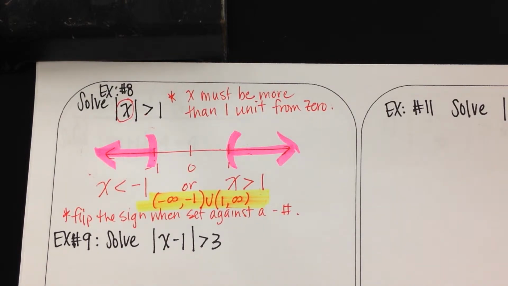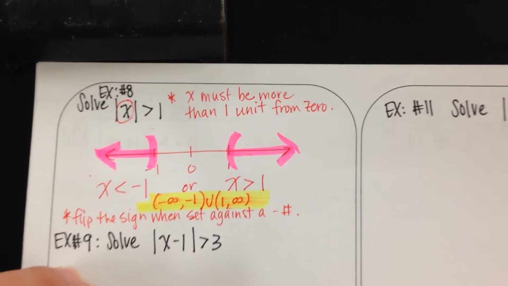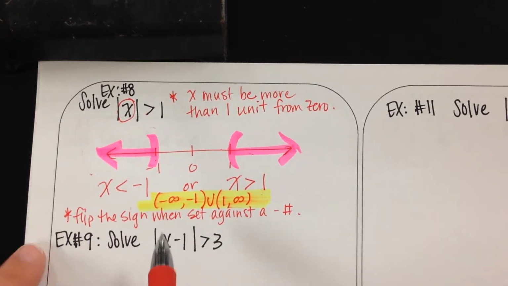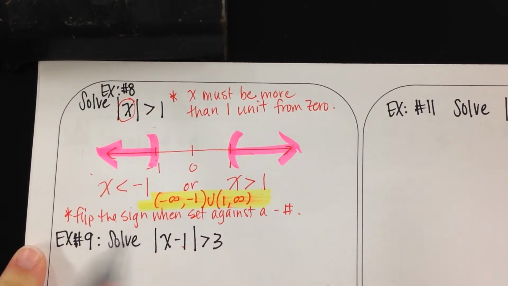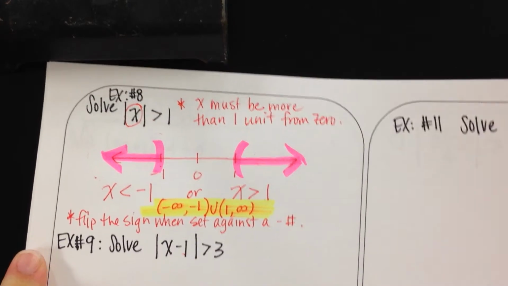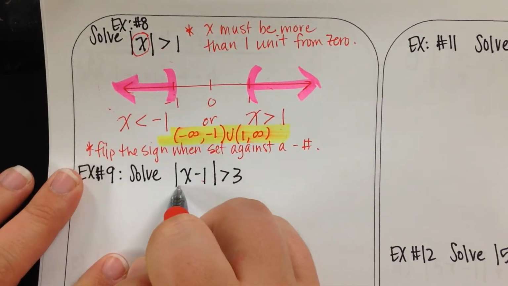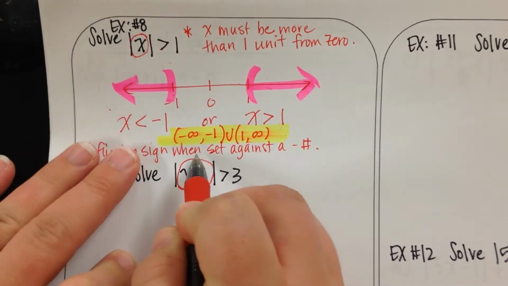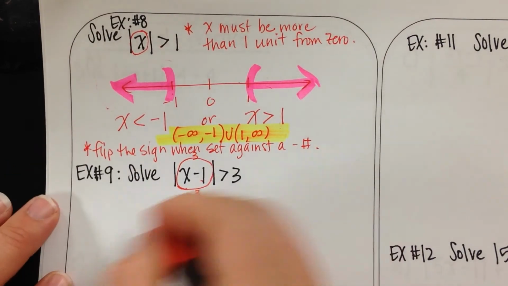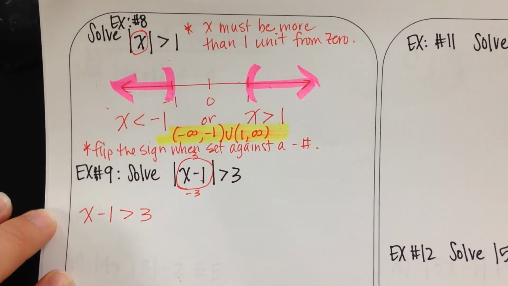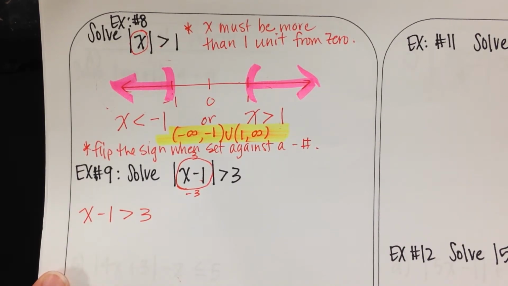Okay, example 9. We're going to do this example, and then I'm going to have you do 10, 11, and 12 all on your own. So example 9, we introduce a numerical factor into the absolute value bars. So what we want to do is set this portion against 3 and negative 3. We know that the first positive value, we keep the sign the same.